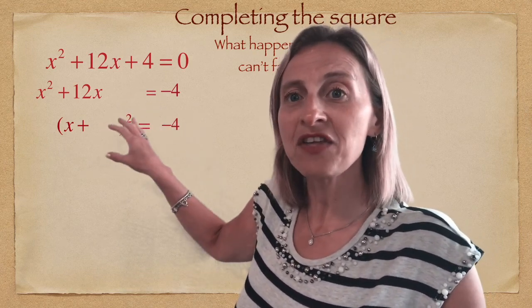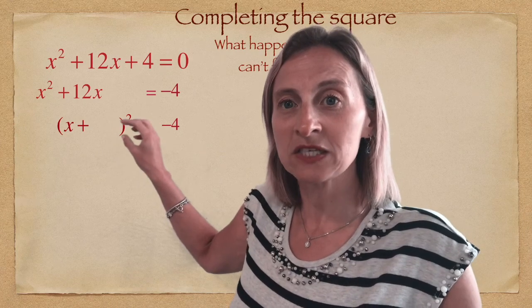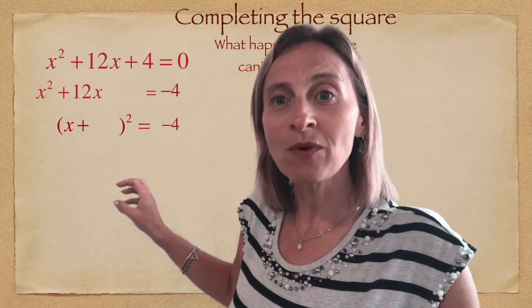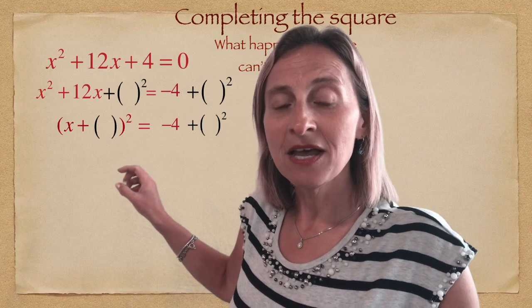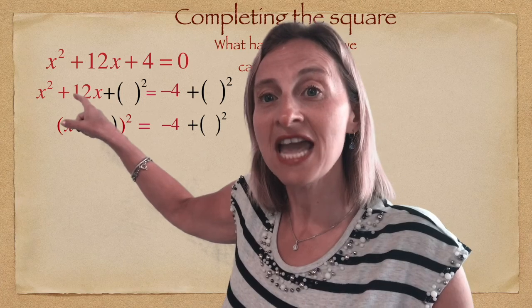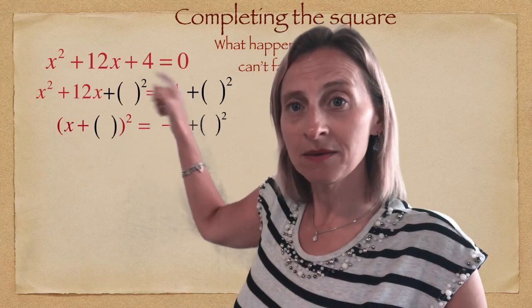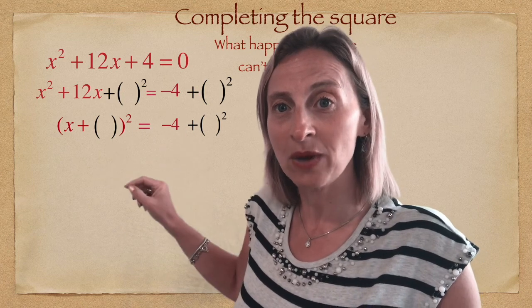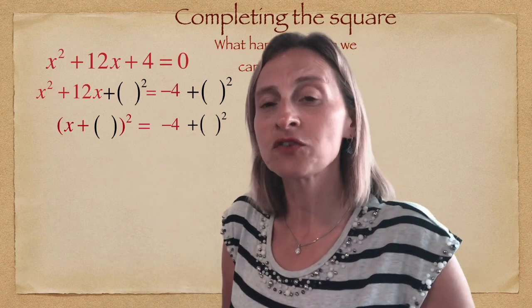So we need to now think of what's going to go in our space to make a perfect square. And to do that, we're going to add half of the middle number, half the number in front of the x, to both sides, and that's going to make our perfect square. So what's half of 12?